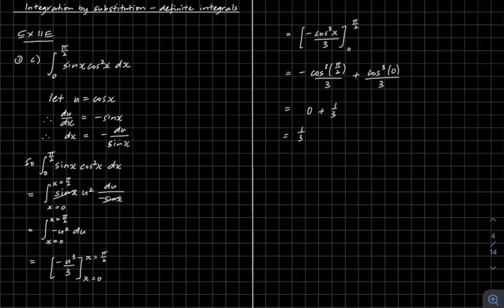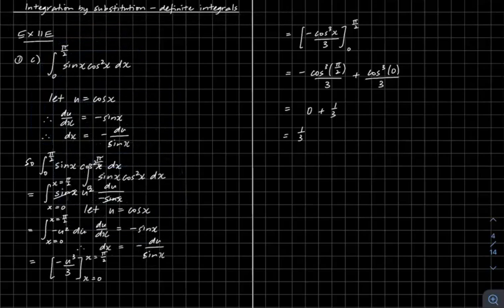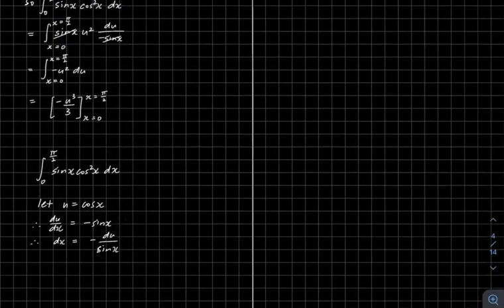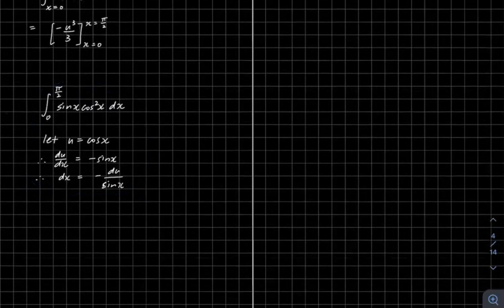So maybe, I was going to say I'll just sort of briefly explain what that is, but I think I will actually do it again. Let me grab, just to save a bit of time, all of this bit here, and let's start off with that, and then say, alternatively, once we get there, we could also change the bounds.